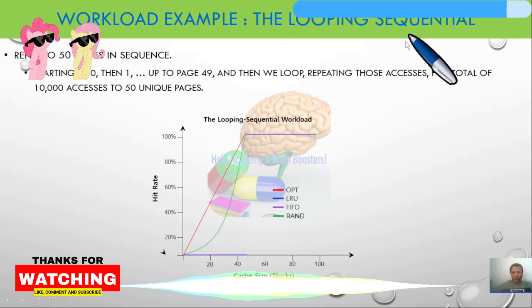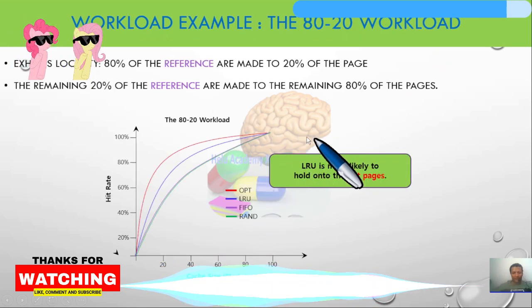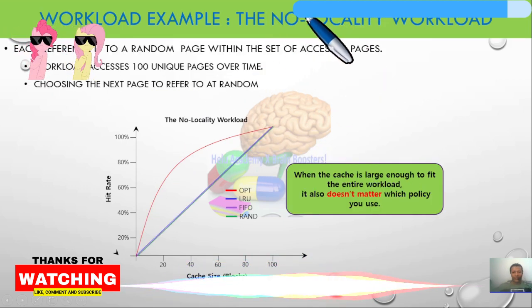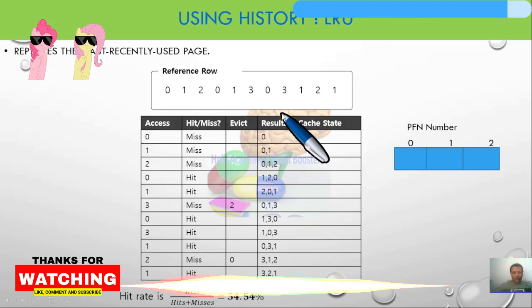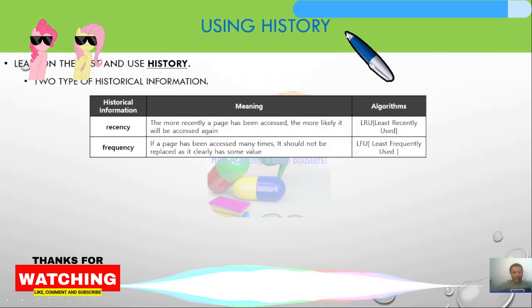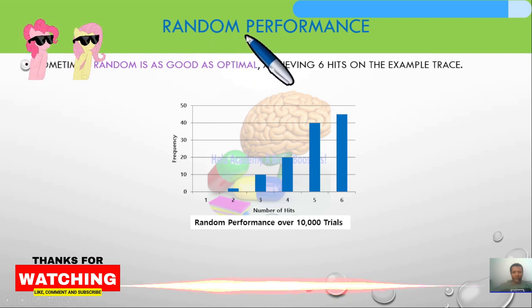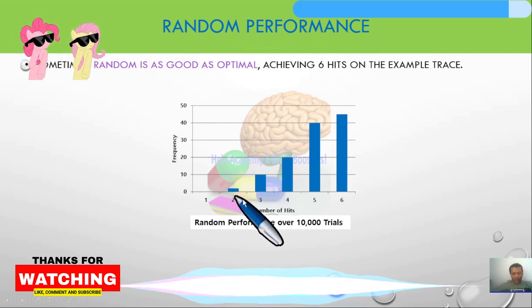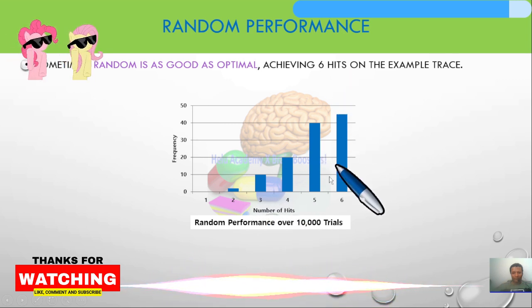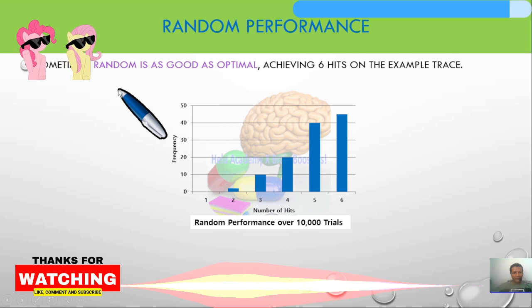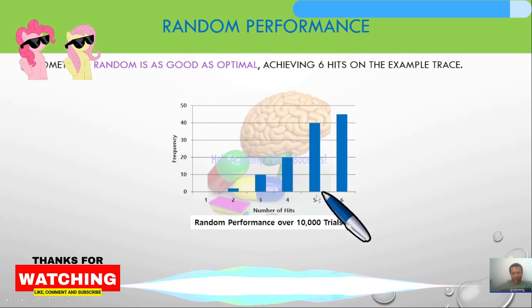We saw the looping sequential, the 80-20 workload, and the no-locality workload. We saw LRU, using history, LFU, and random performance. With 10,000 trials, the random performance is as good as optimal.